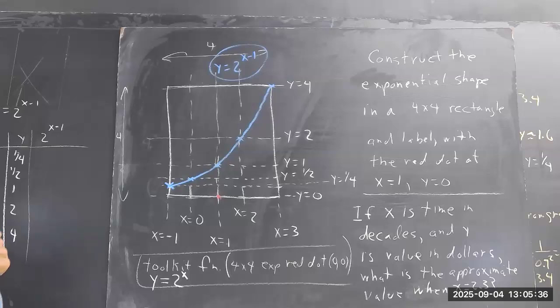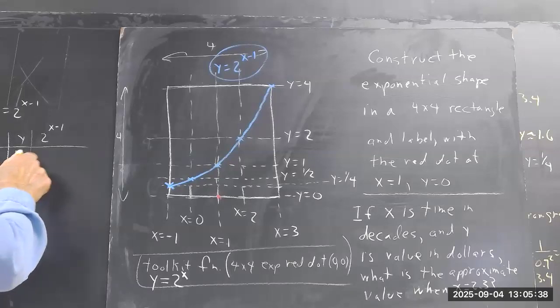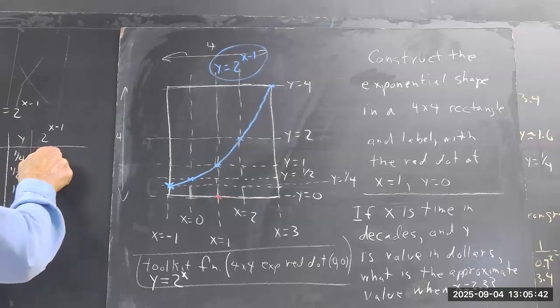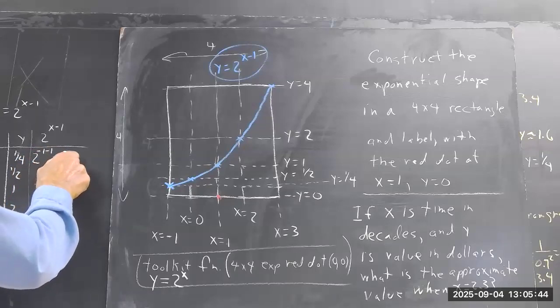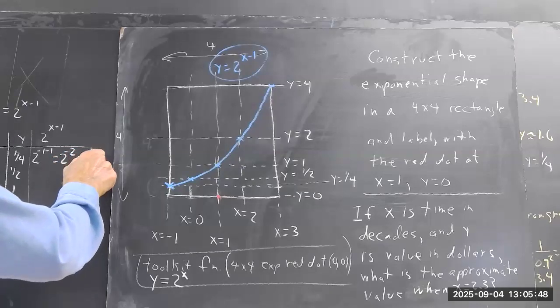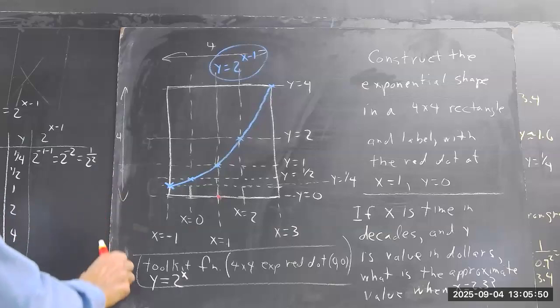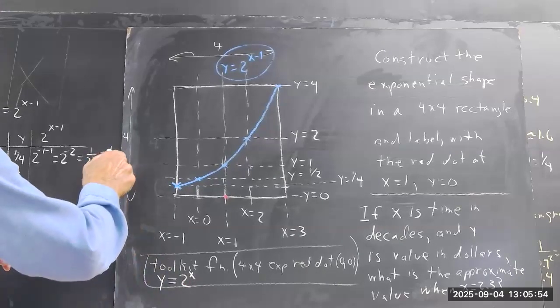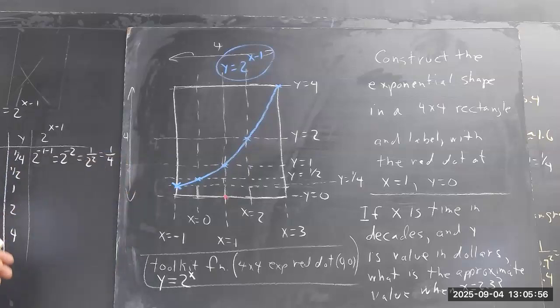Okay, 2 to the x minus 1 would be 2 to the -1 minus 1, which is 2 to the -2nd power, which is 1 over 2 to the 2nd power, which, lo and behold, is 1/4.